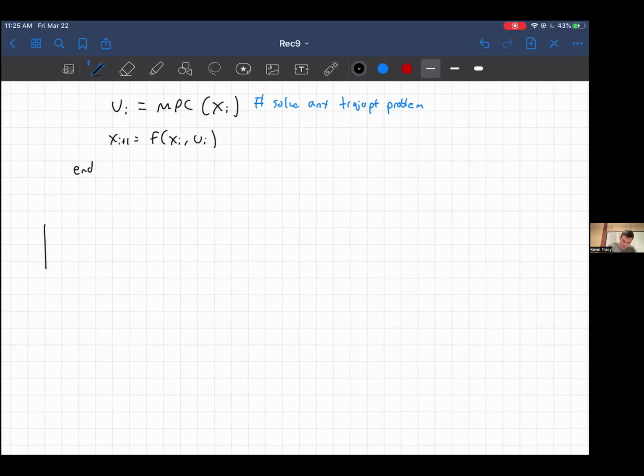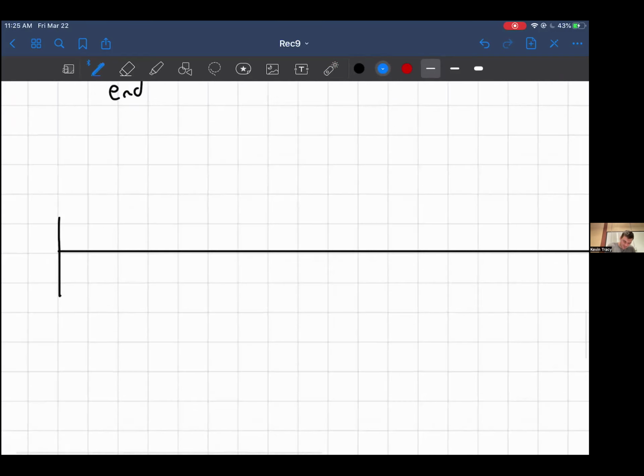This is a good point. So let me draw a little timeline. Say I'm at this time step right here, and my MPC window is solving this.